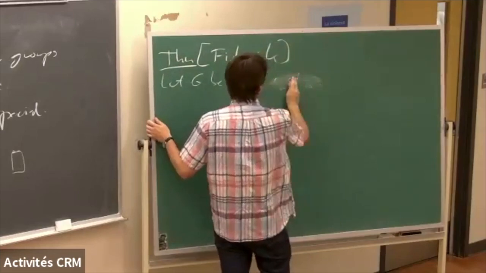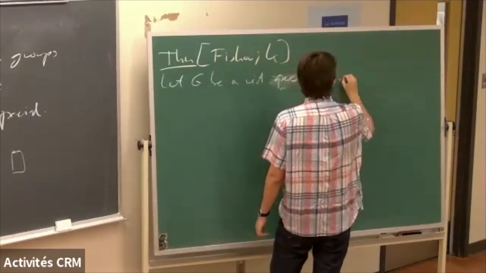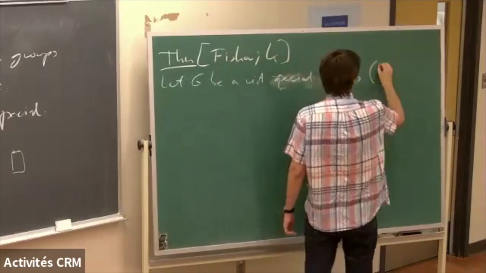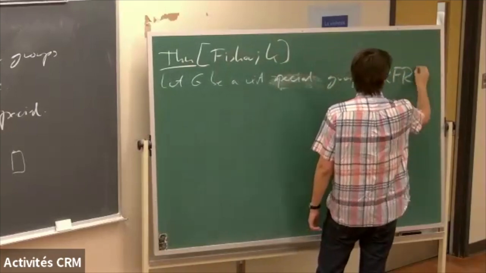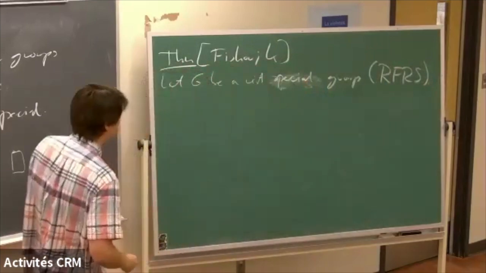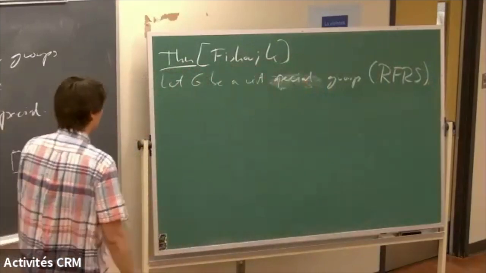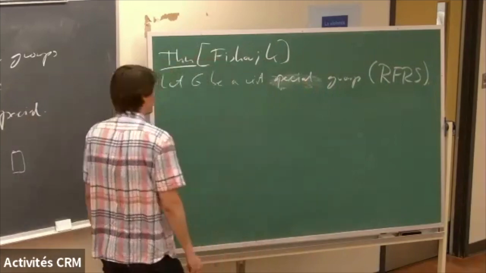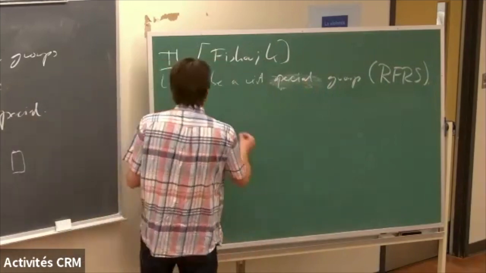Special here. In fact, what I need is the research condition. If you know what that is, if you remember Ian's papers, then that's really what I need. I don't care about integration. This is enough. If you don't know what a special group is, and let G be a special group, then we have the following.